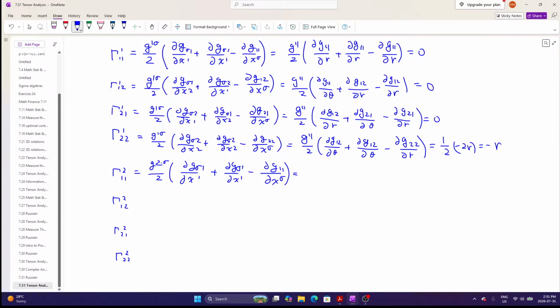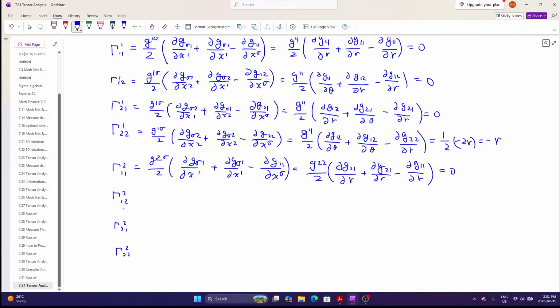Well, first of all, you just need g22 over 2, and this will be dg21 over dx1. dx1 will be just dr, plus dg21 over dr. So these two are 0, and minus dg11 over dx1, which is dr, and this is 0 as well because g11 is constant, so this was just 0.